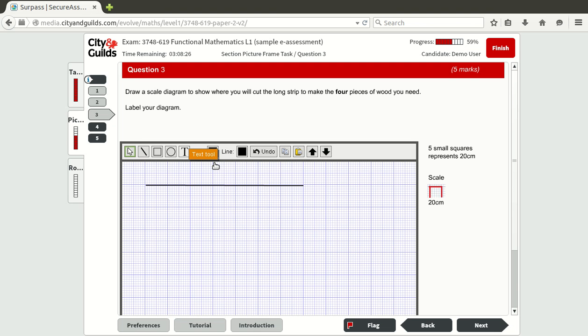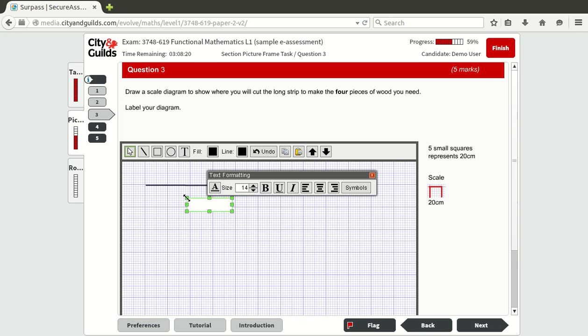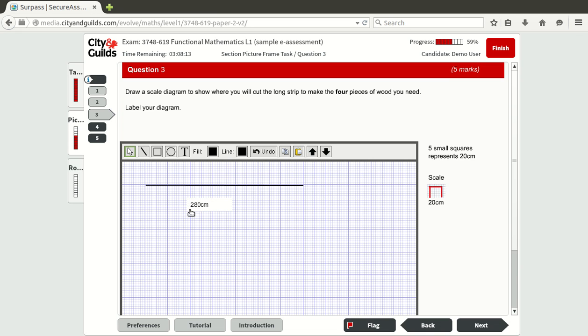I'm going to label this there, saying 280 centimeters, because we know that one box is 40, so 40 times 7, 1, 2, 3, 4, 5, 6, 7. 7 times 40 is 280 centimeters.